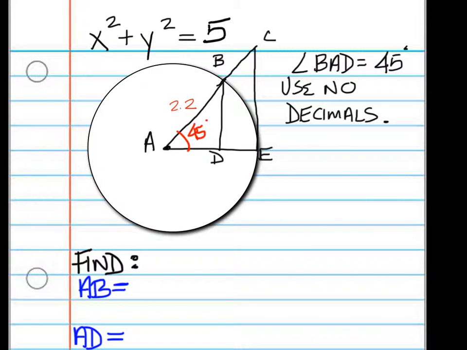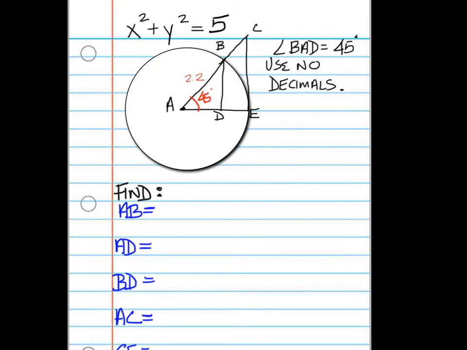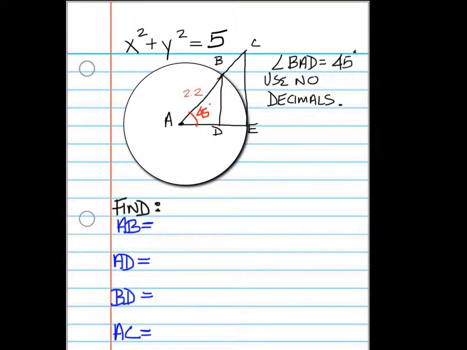Use no decimals. So we have to come up with AB, AD, BD, and AC, and the rest of these down through here. Now, in this case, the directions of use no decimals would not apply because clearly we just had to use a decimal in order to find the hypotenuse. So I'll waive that one for this type of problem.